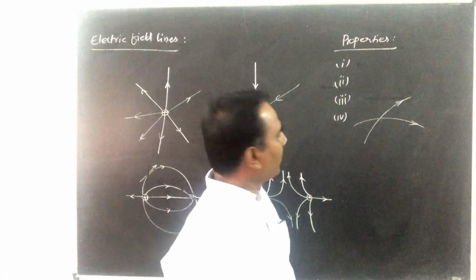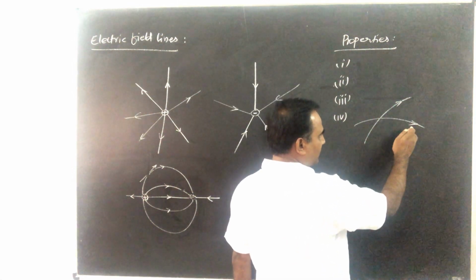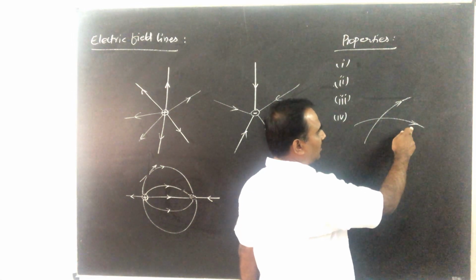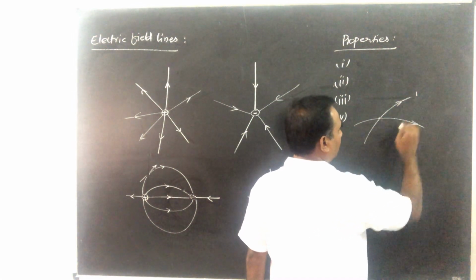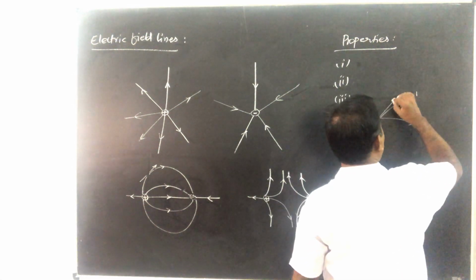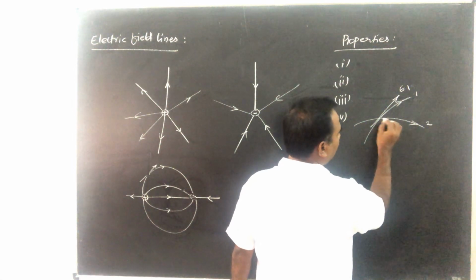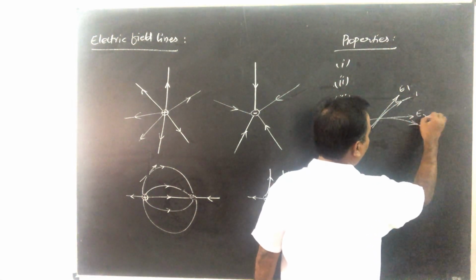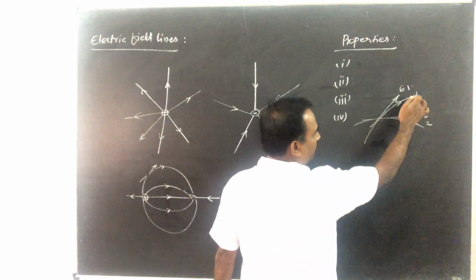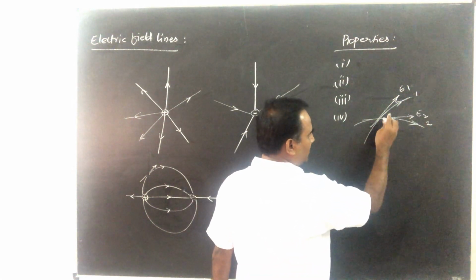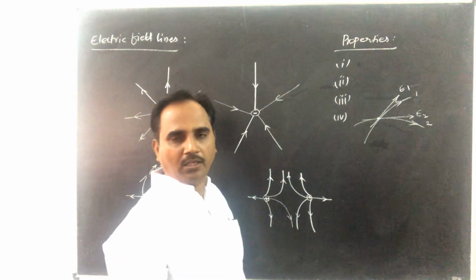Suppose two electric field lines intersect like this. Then if I draw a tangent to this electric field line, this becomes the direction of electric field. If I draw a tangent to this electric field line, this becomes the direction of electric field. That means if two electric field lines intersect, at a given point the electric field has two directions, which is practically impossible.